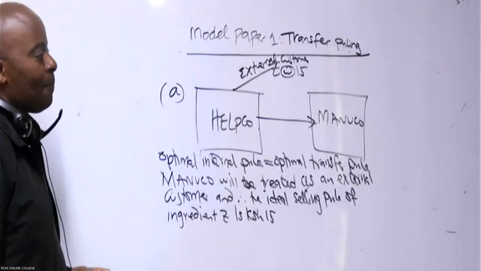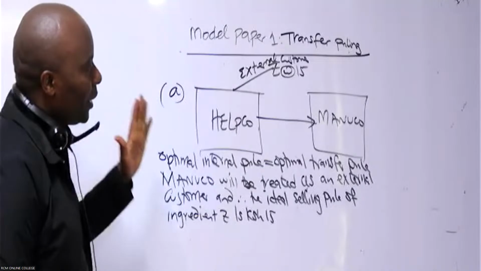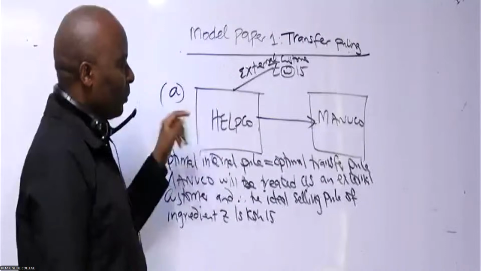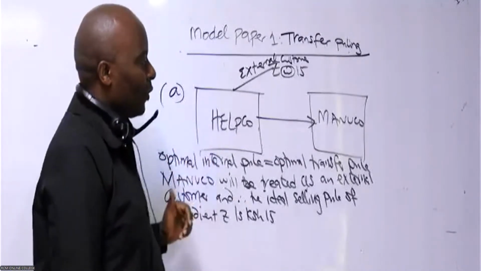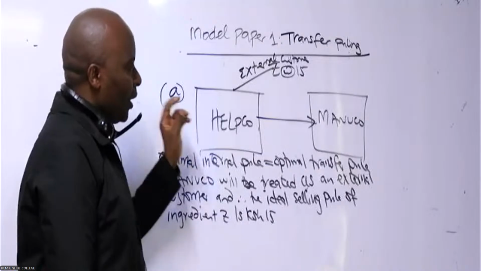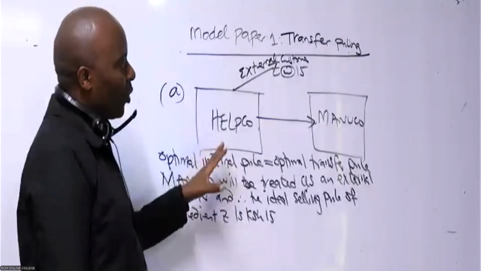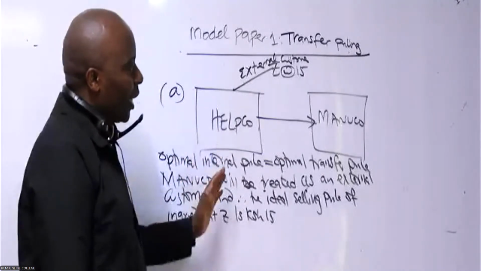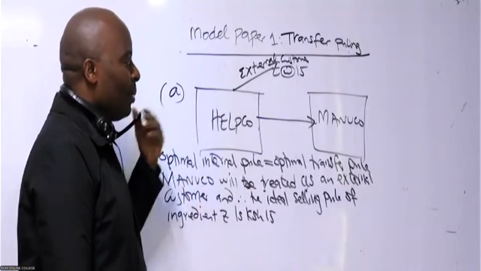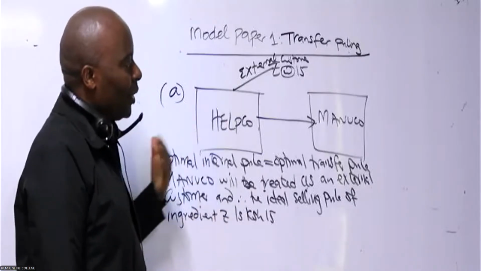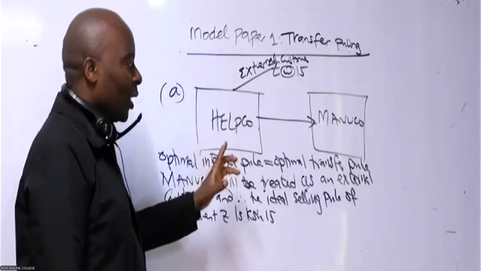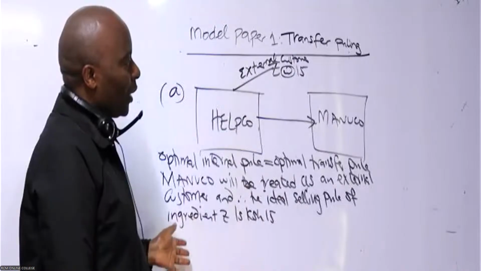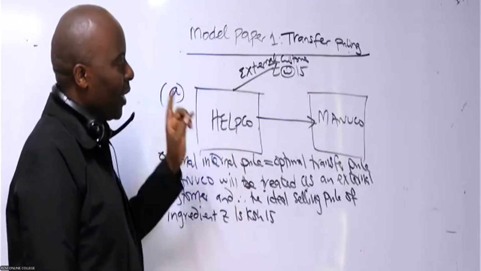Please listen: whenever you are told that this internal department has to make some internal transfers, and then you are told that currently this intermediate good has some external customers, if I'm selling this thing at 15 bob to these external customers, then Manuko can only benefit from our intermediate good if it becomes as good as the external customers who are procuring this at 15.